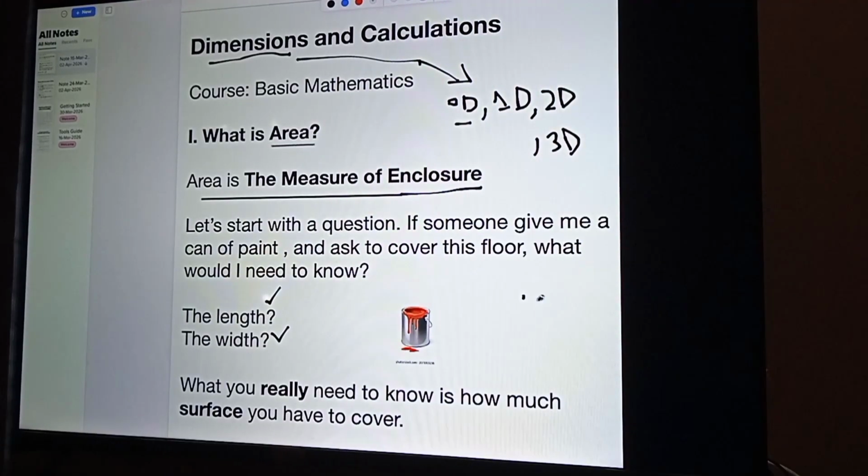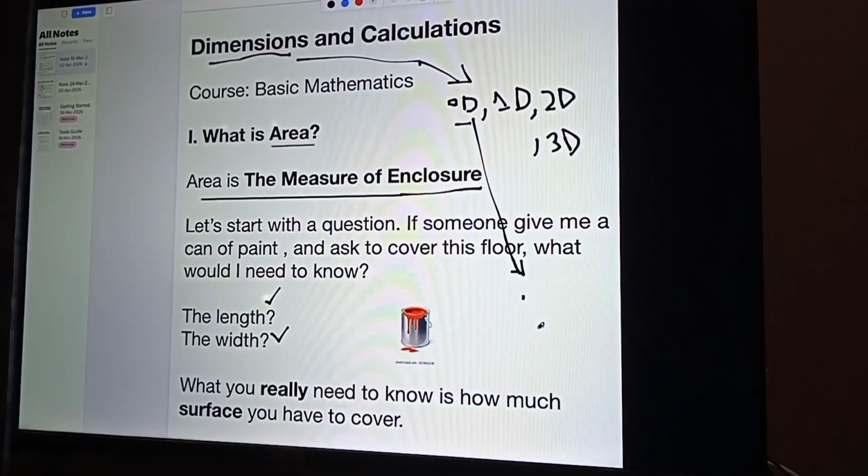If something is in 0 dimension, it cannot move. It has no length, no width, no height or no depth. It is simply a point and means nothing.